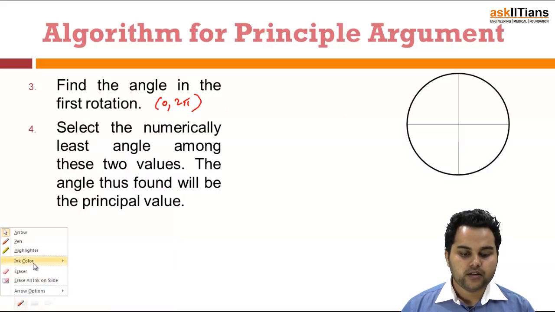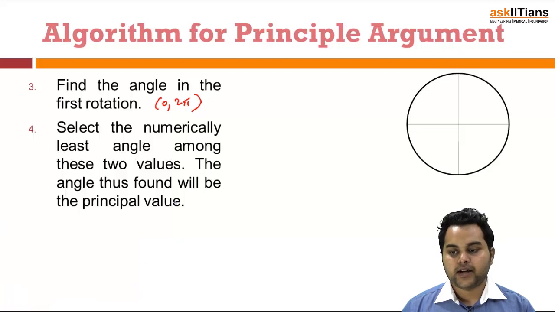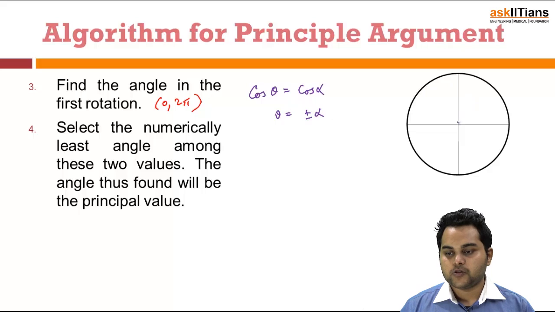What does that mean? That actually means if I have the value of, let's say, cos theta is equal to cos alpha, I would have theta is equal to plus minus alpha. That is, it will be true for first and fourth quadrant. These are the two probable quadrants. So it will be true for both the quadrants.